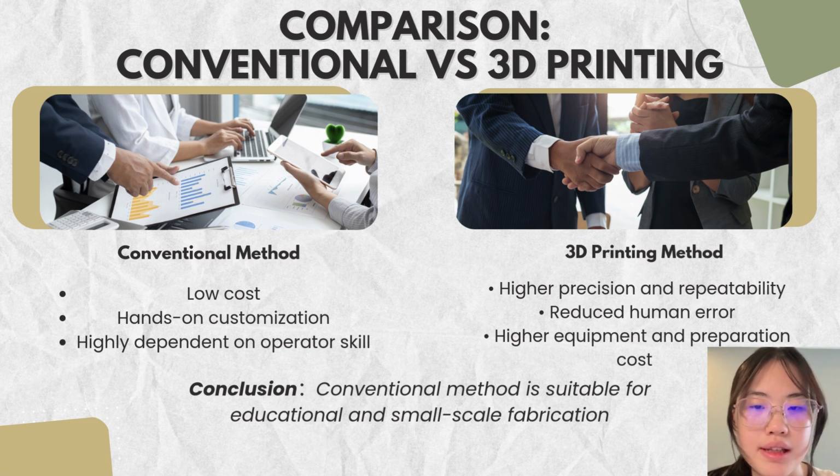This slide compares the conventional fabrication method with the 3D printing method. The conventional method is low cost and allows hands-on customization, but it is highly dependent on operator skill. In contrast, 3D printing provides higher precision and better repeatability, with less human error. However, it requires higher equipment cost and longer preparation time.